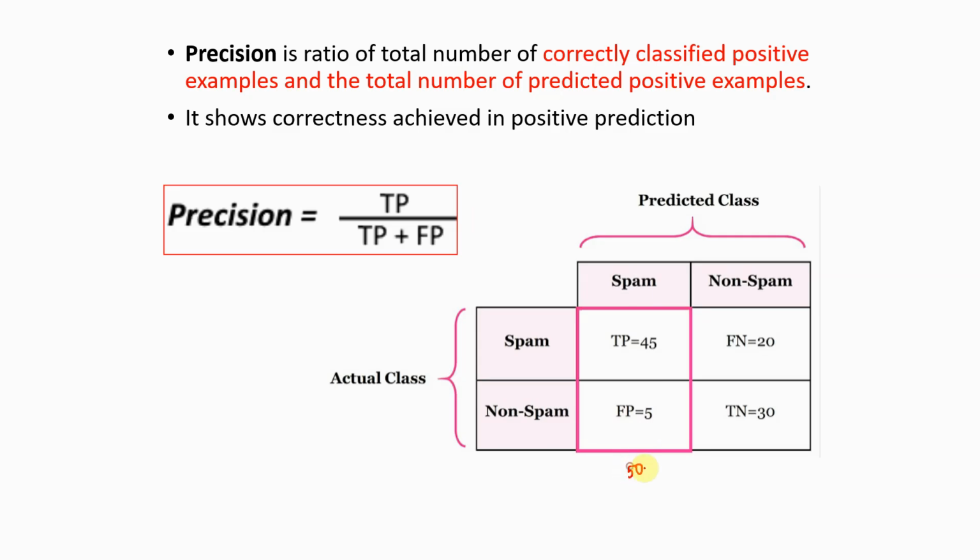Here 50 are predicted by your model as spam, and out of that, the correctly classified are only 45. The correctness achieved in the positive prediction is called precision, or you can just remember it is a column-wise calculation of positive predictions.